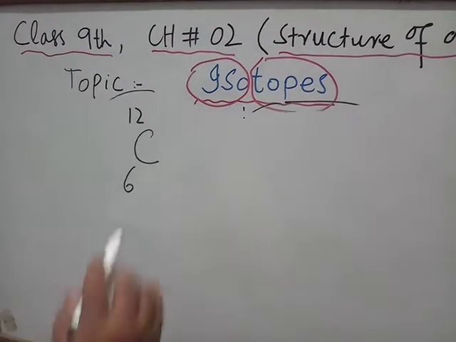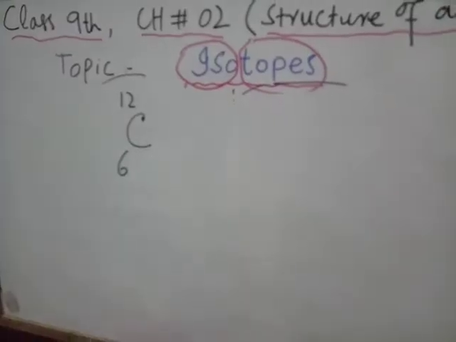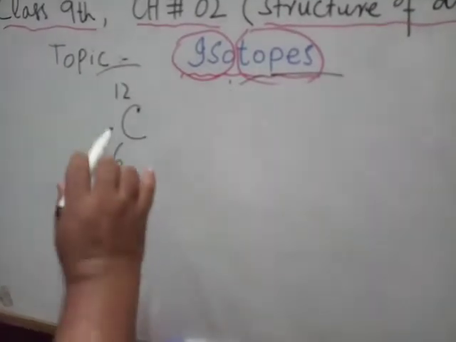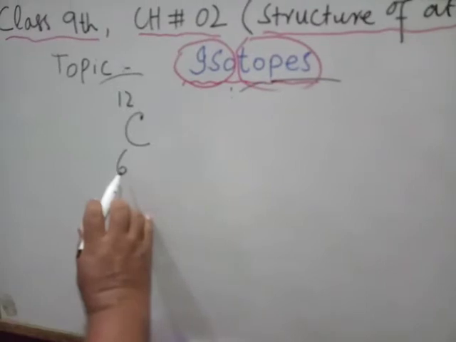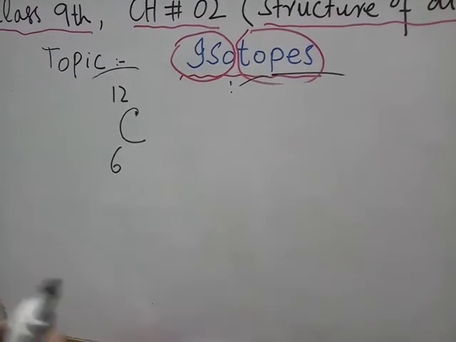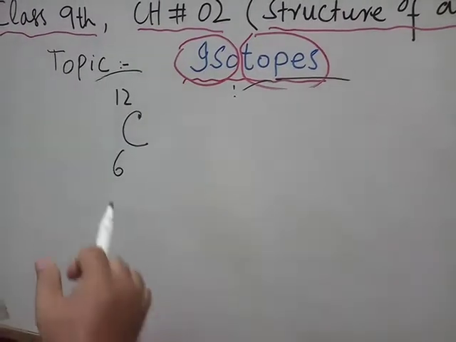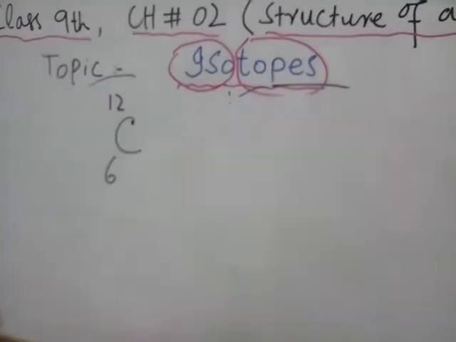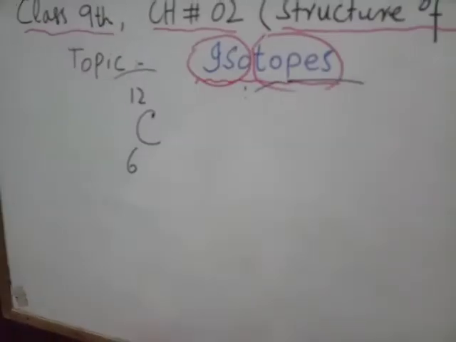Always remember that this represents the symbol. Here C represents carbon. At the left bottom side, this is the atomic number. It shows the number of electrons or the number of protons. You know, the number of electrons and protons are equal in an atom, so it can show the number of electrons, or it can also show the number of protons.